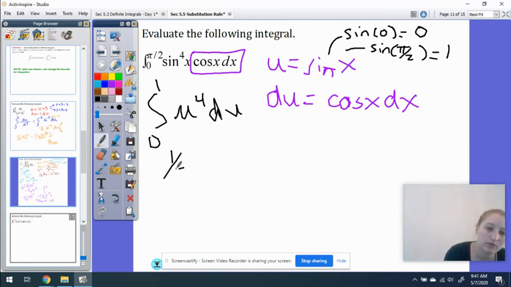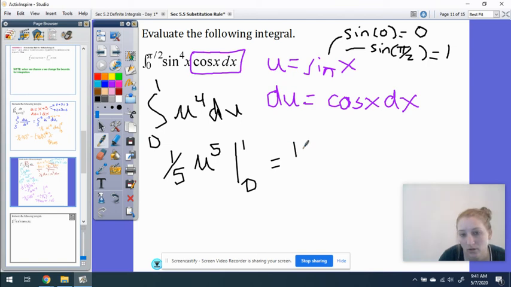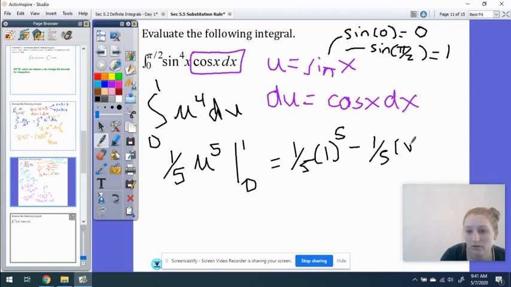So we say 1/5 u to the 5th. Okay, from there we are substituting in 0 and 1. So we're going to say 1/5 times 1 to the 5th minus 1/5 0 to the 5th. And you will end up with 1/5. Bam, bam, bam.